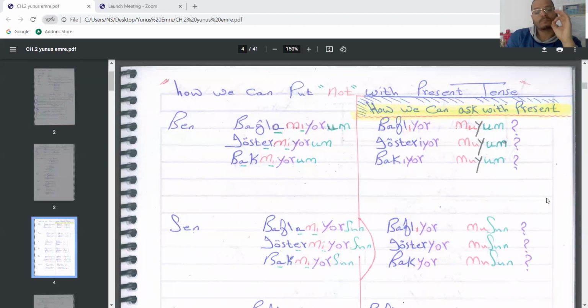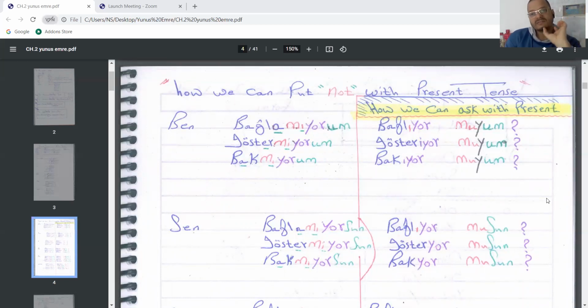Now, how can we put negation? Actually, the Turkish language is different from English because the negation is not separate; it will be in the middle of this form. What does that mean? That means it will be the base form of the verb without mak or mek, plus negation, and the negation here equals m delta.